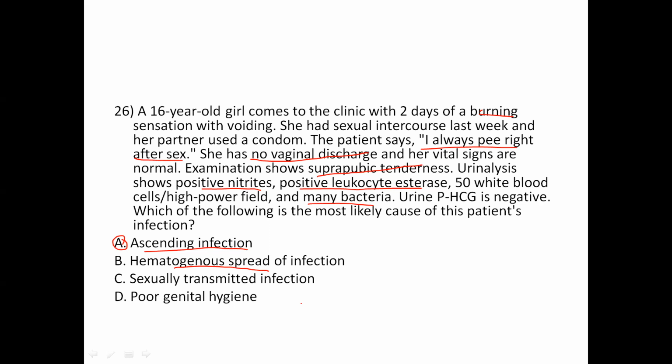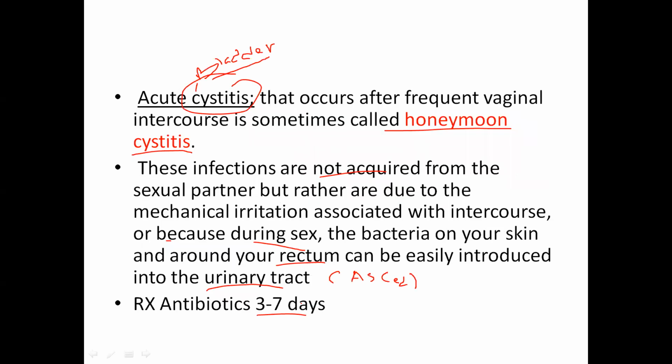So this is definitely an ascending infection, and read about honeymoon cystitis. You will give antibiotics for 3 to 7 days. It will resolve. If you find such patients, it is recommended to tell the patient to drink adequate fluid after sexual intercourse, so that they will pass those infections through urine.